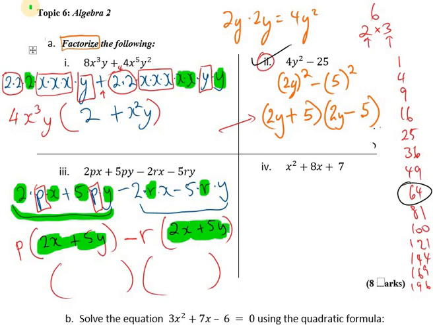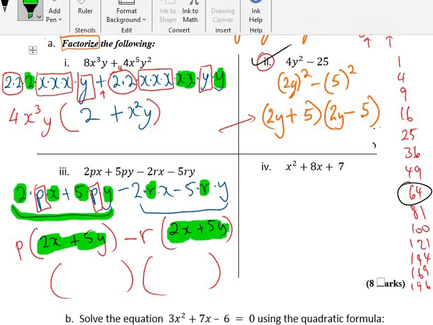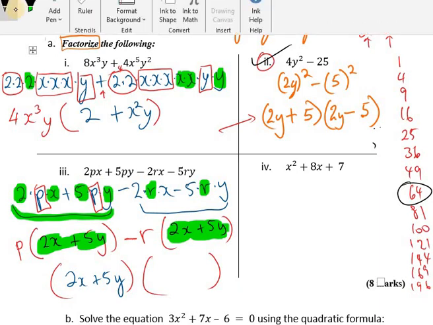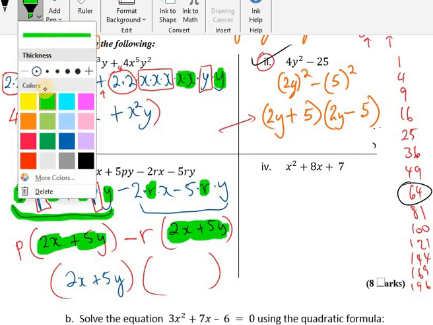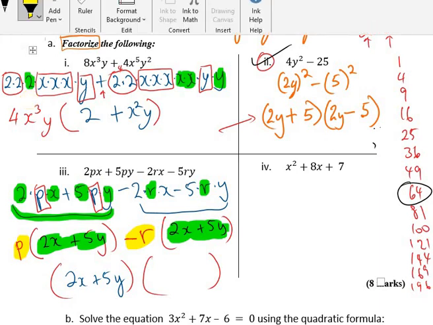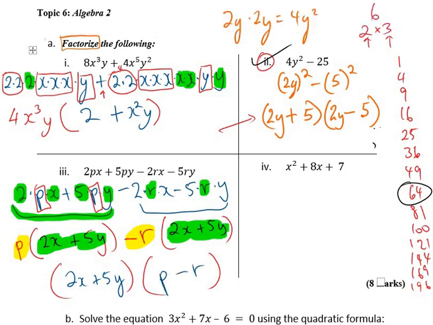Well, since it's repeated, we're going to put it in just one bracket, the 2x plus 5y. And what's outside of the bracket? It's going to be p and minus r. So we're going to write that down as p minus r, and that's it. Okay, so do you need one more practice with this? Let's see.